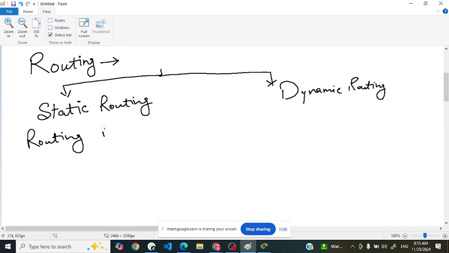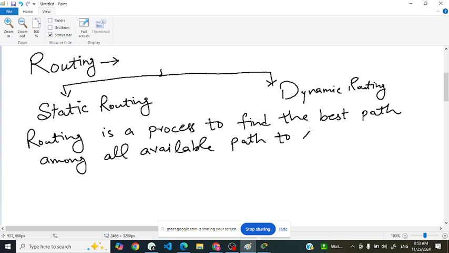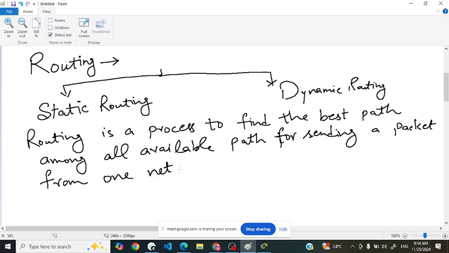When you say routing, it is to find the best path among all available paths, for sending a packet from one network to another network.